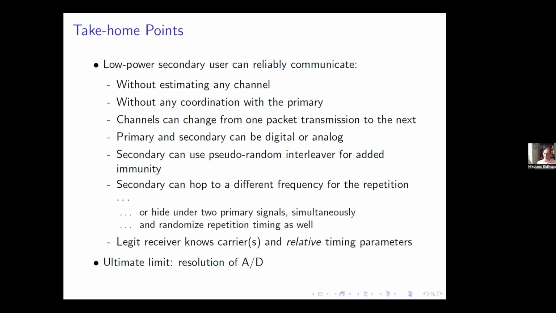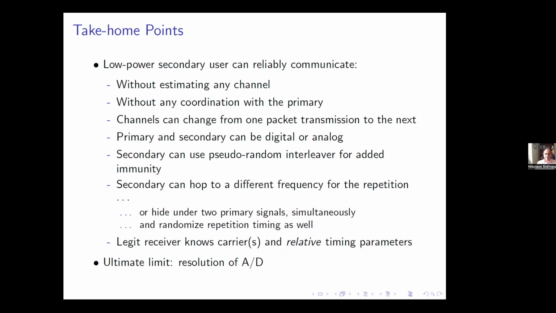You can add a lot of bells and whistles, for example, a pseudo-random interleaver for the secondary for protection, and to make sure that even if the primary is trying to repeat, frequency hopping for the repetition, you can hide under two TV stations, which makes it harder for others to detect your transmission. And you can, of course, randomize the repetition timing as well. So there are a lot of options here that have a lot of interesting applications.